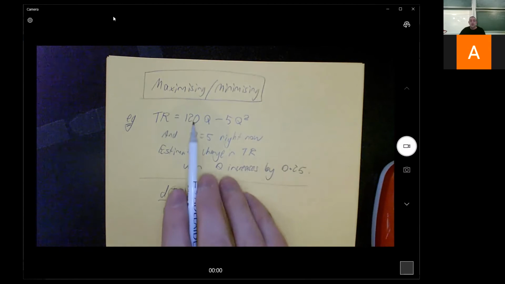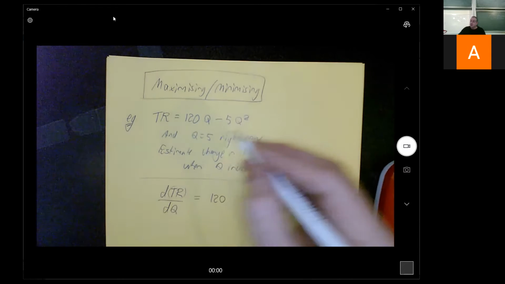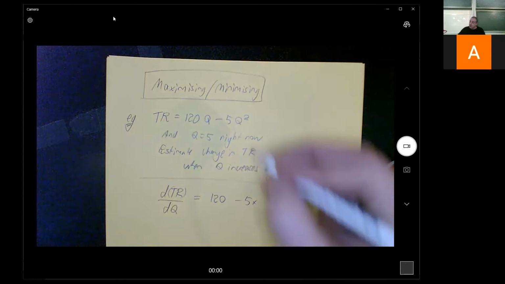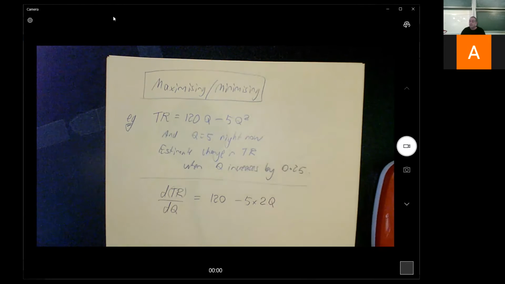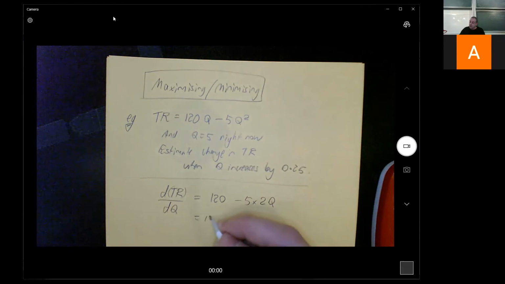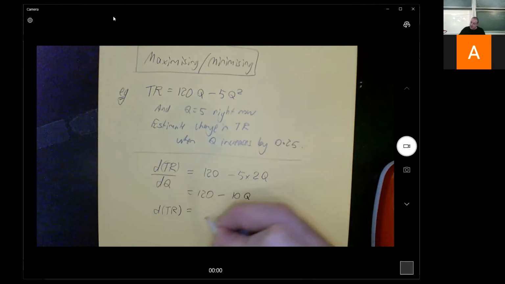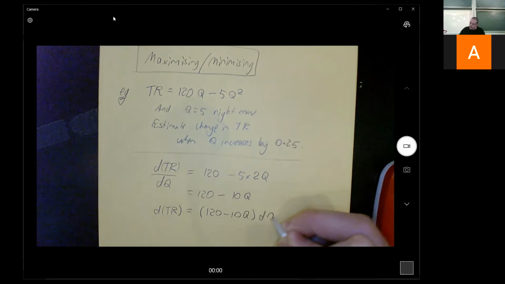The derivative of 120Q would be 120. The minus 5 will still be there because it's multiplied on. And then the derivative of Q squared would be 2Q to the 1. And so I get 120 minus 10Q. And so what this says to me is that a very small change in TR is equal to 120 minus 10Q times a very small change in Q.